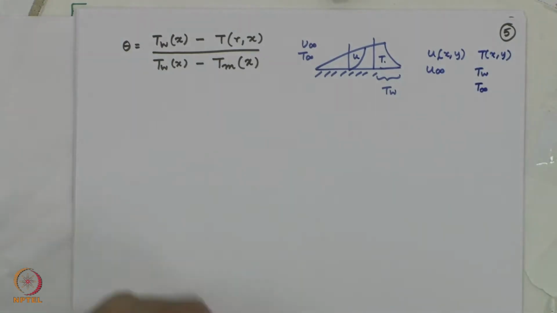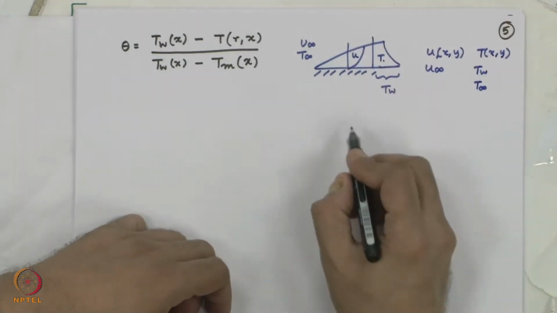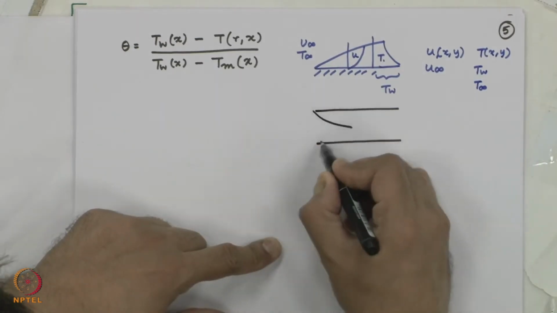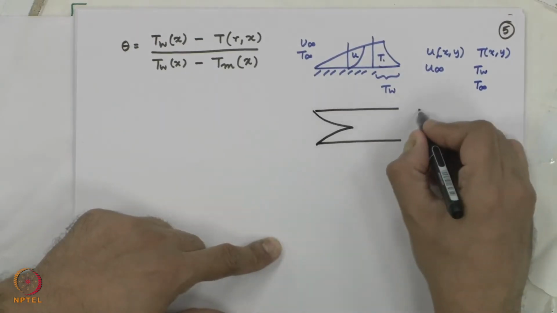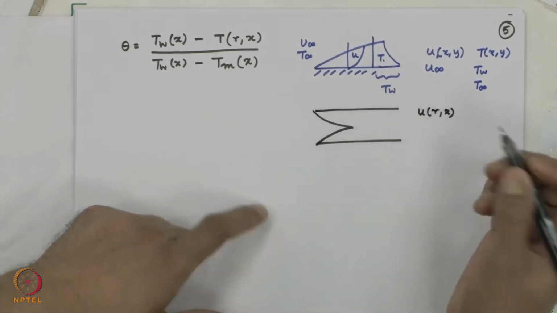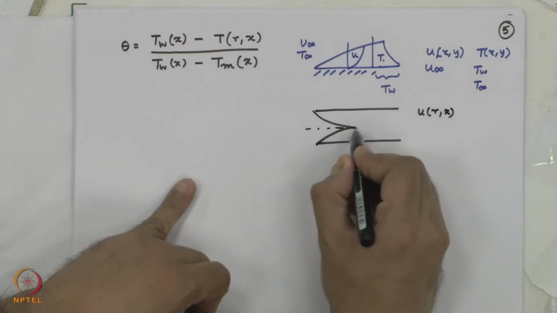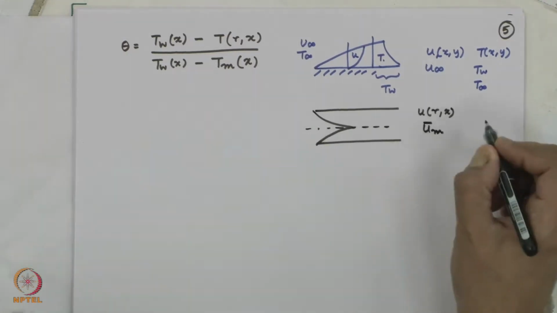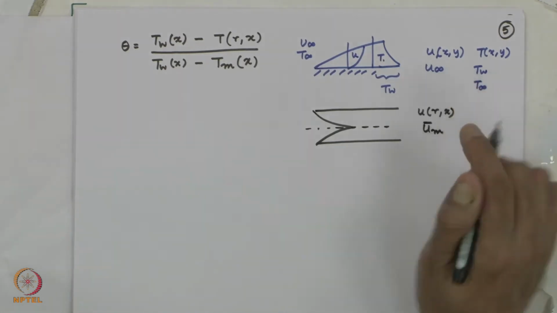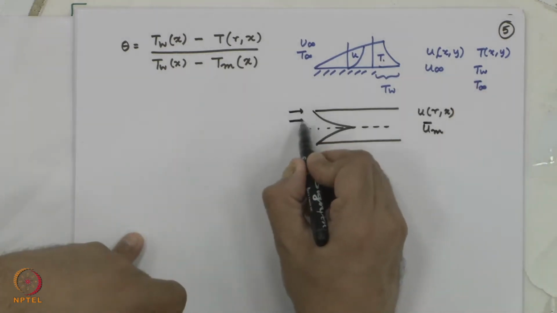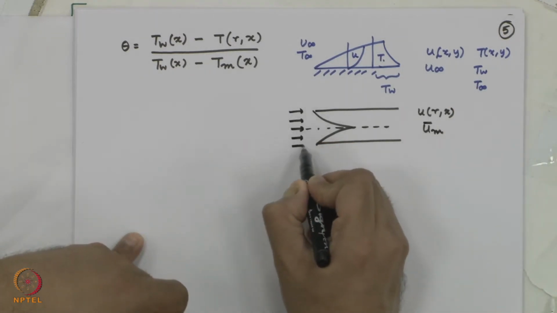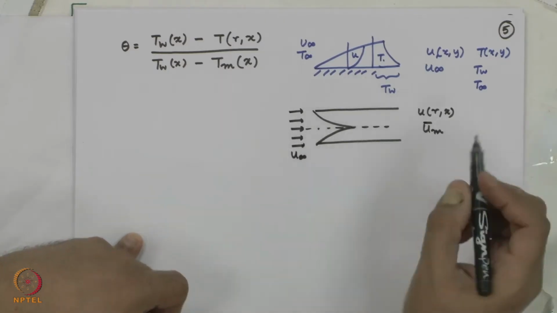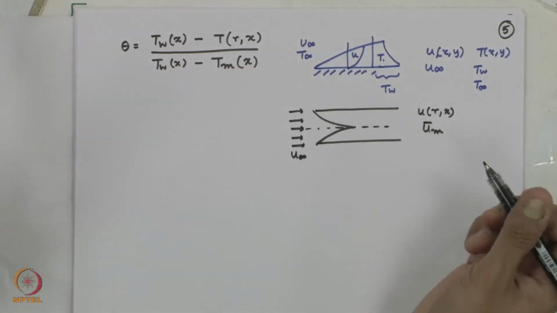In internal flows, now that we have seen internal flows, what are the things I deal with? U of r comma x instead of x comma y, that really does not matter. U bulk mean, which takes the role of u infinity. U infinity was the velocity with which the fluid came in. Once the fluid comes into this confined channel, u infinity loses its significance completely.